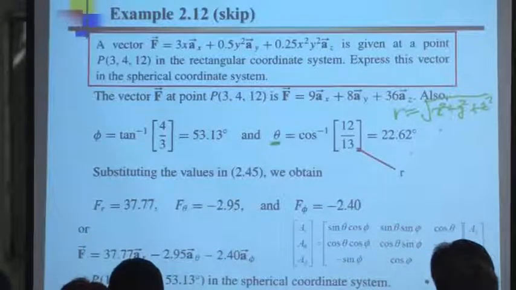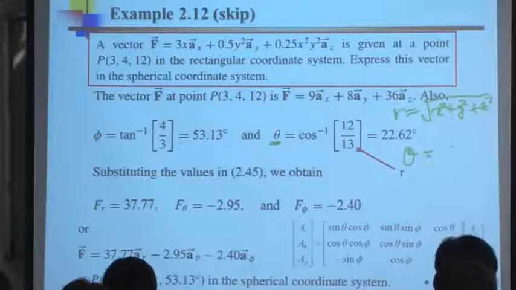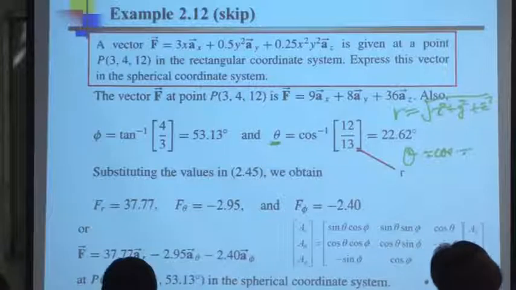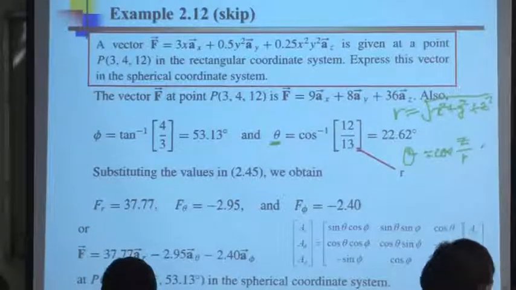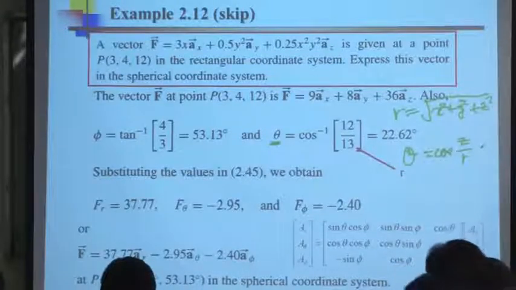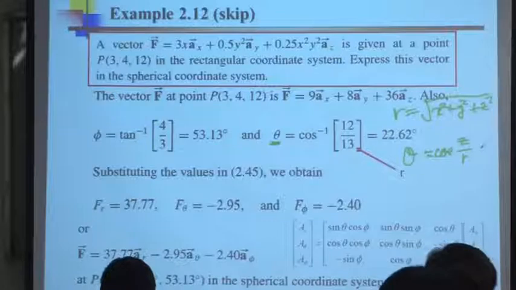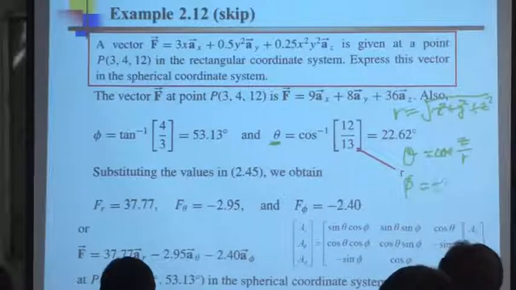Theta is the cosine inverse of g over R. We already studied this at the first slide on the spherical coordinate system. Similarly, phi is the tangent.